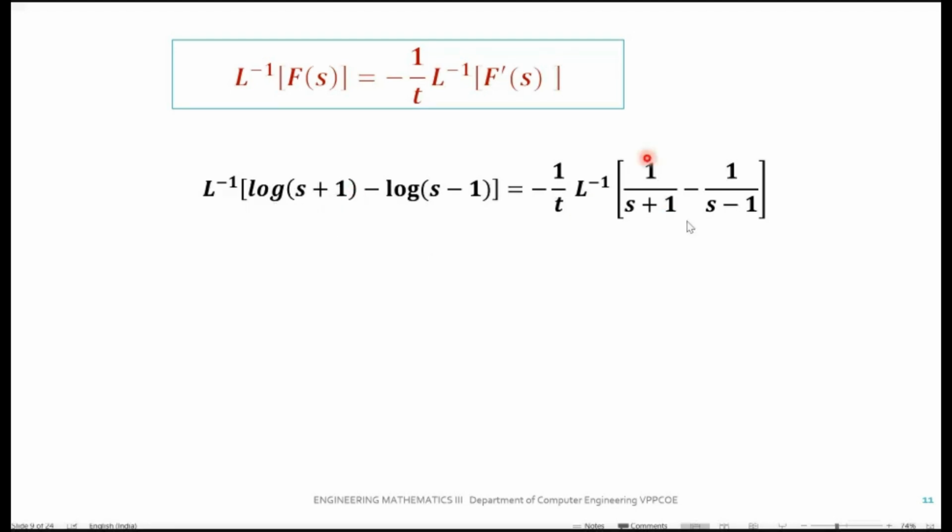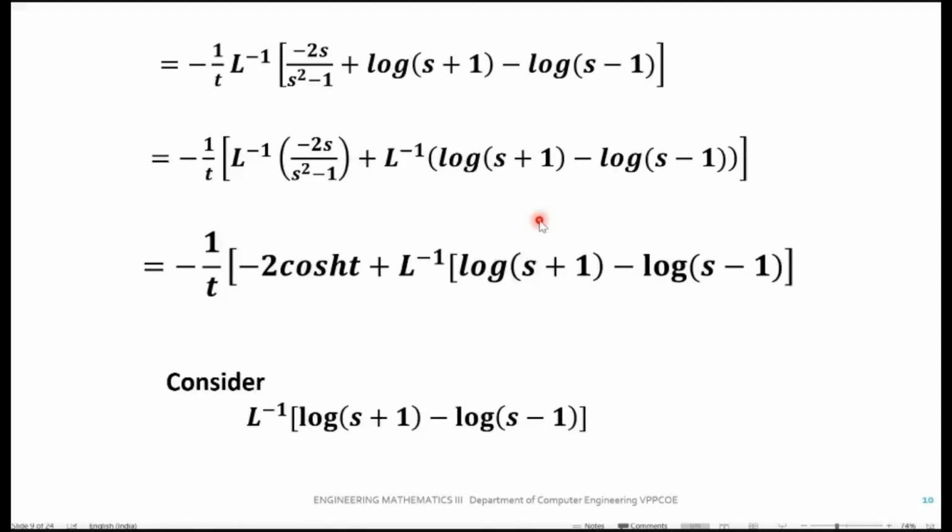तो log of s plus 1 हो जाएगा 1 upon s plus 1. Log of s minus 1 is 1 upon s minus 1. Again now we can calculate directly, right? Either cross multiply or calculate as in the last slide. Okay, done.